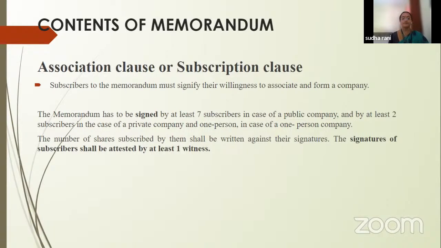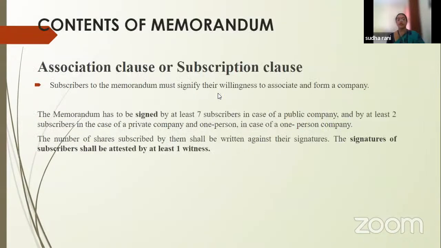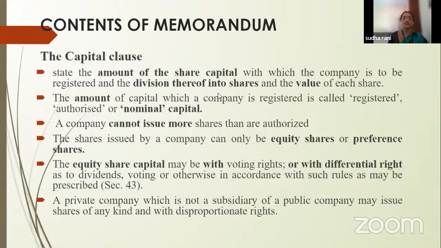Generally an advocate, like a high court or supreme court advocate. A witness has to sign the witness signature. With all these details, the registrar will receive the memorandum of association along with the other documents.